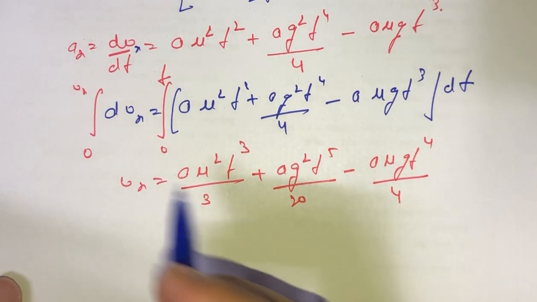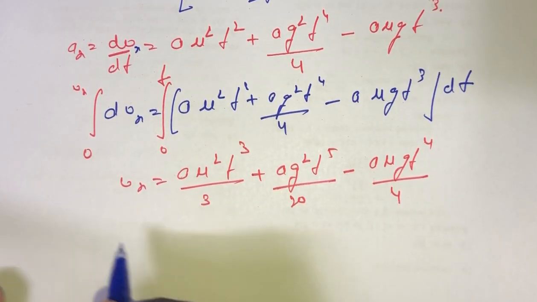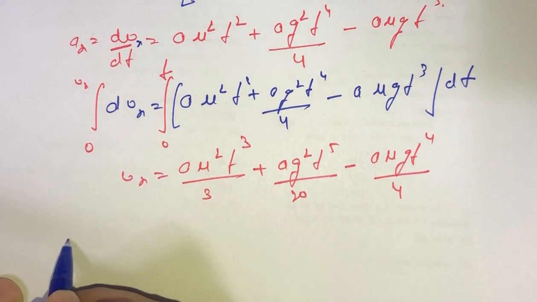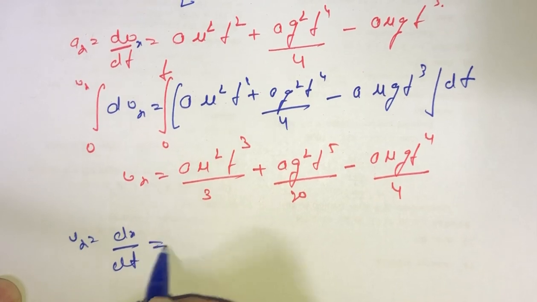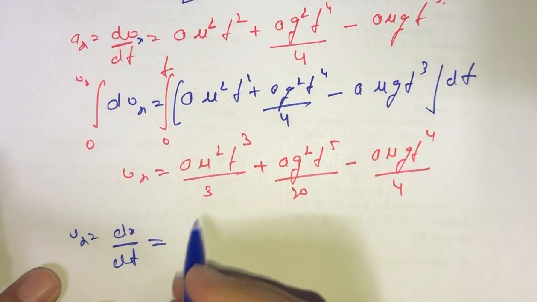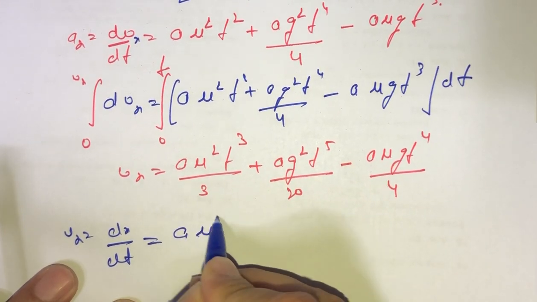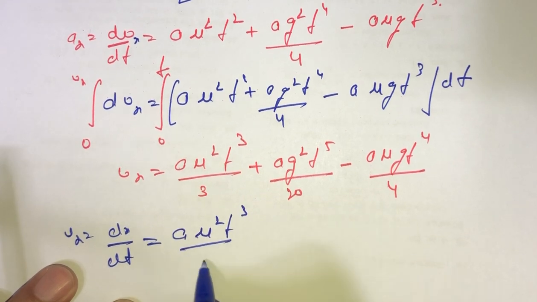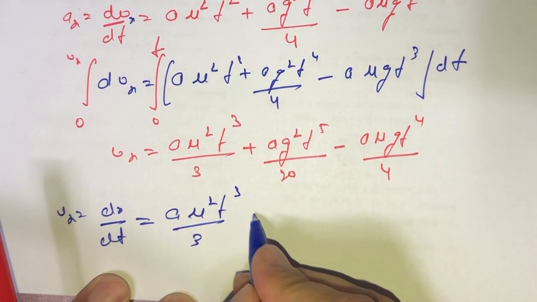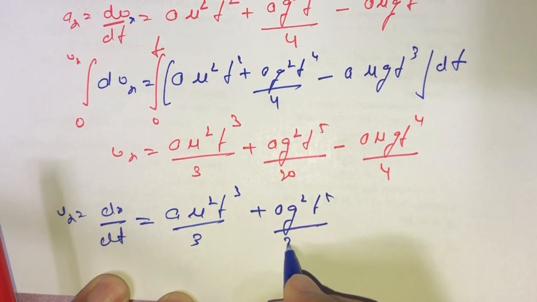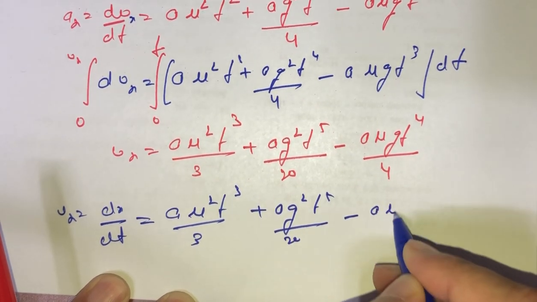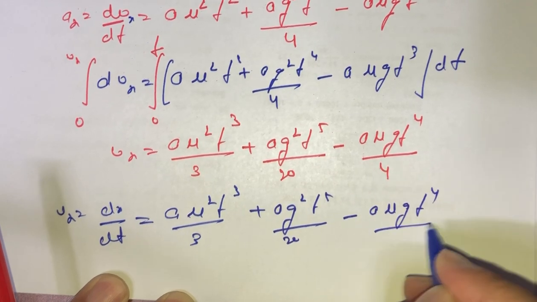From here we can also say that vx is equal to dx by dt, and the rest of the things will be the same.